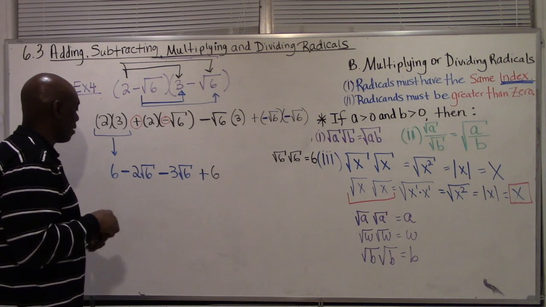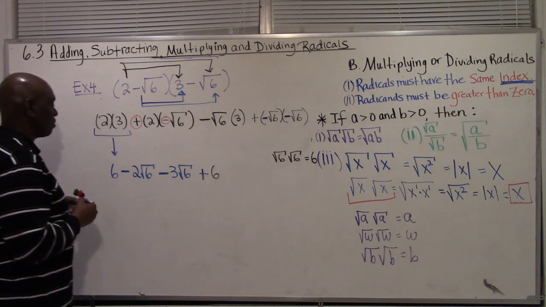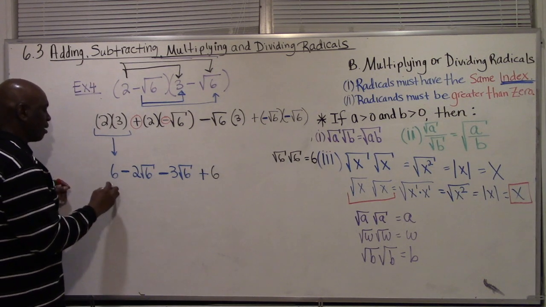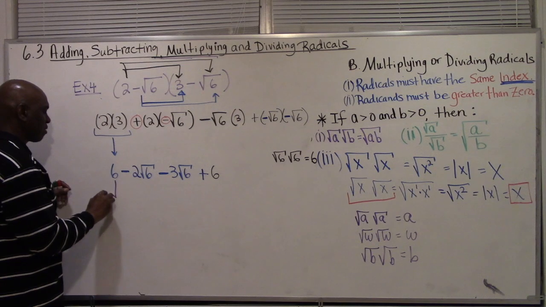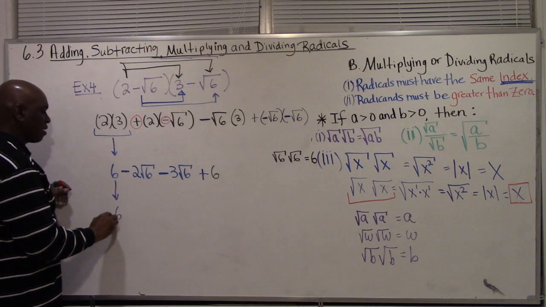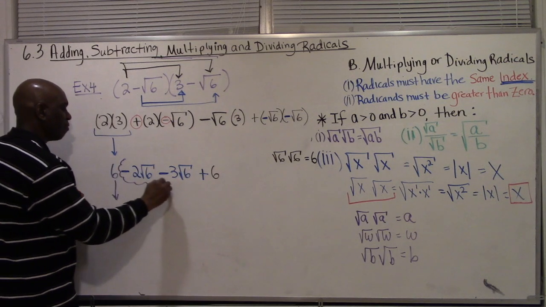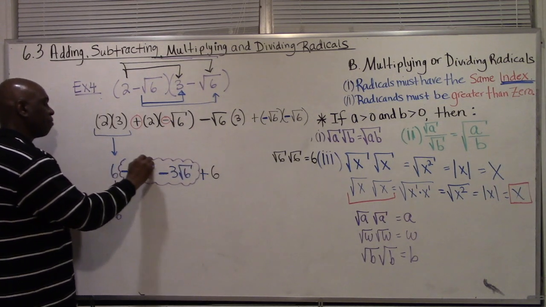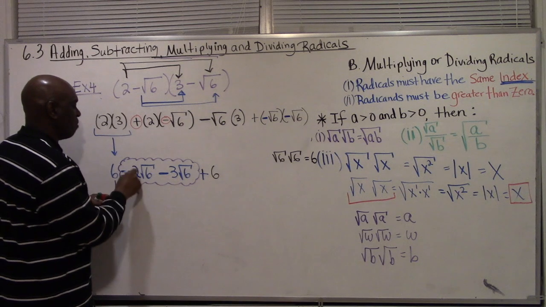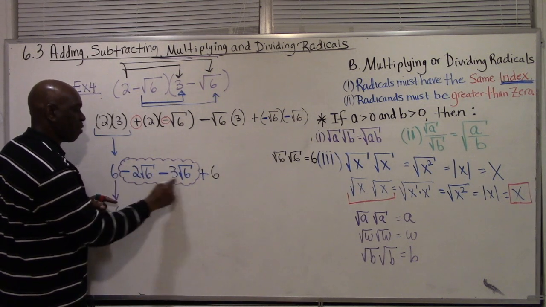Okay. Let's see here. This is going to be a great problem. So look at this now. I'm going to bring down this 6. I have to combine what's in the middle, because they have the same index and the same radicand.